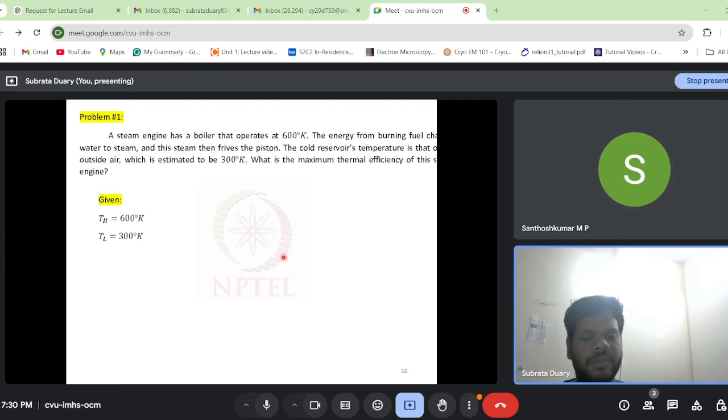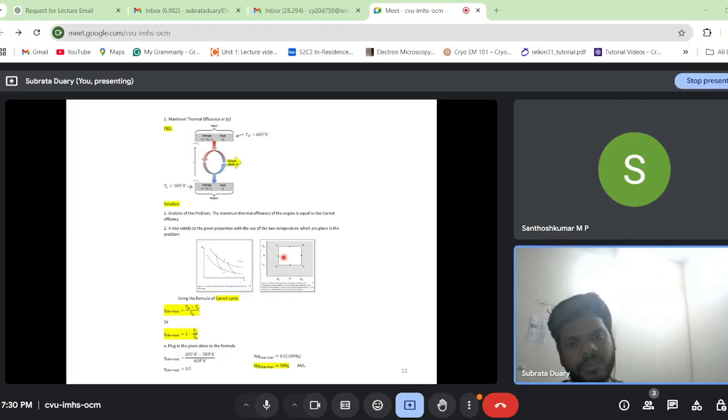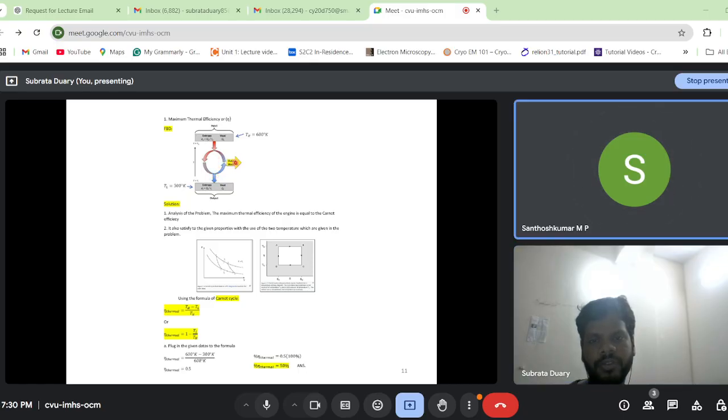So what is the maximum efficiency that you can get? Now this is nothing but eta, the efficiency, equal to 1 minus TL by TH. So if you explain the terms, you have this higher hot source that is 600 and you have the lower one, 300, right? Now your heat is flowing from higher temperature towards lower temperature. Some heat will go this way, some heat will go this way.